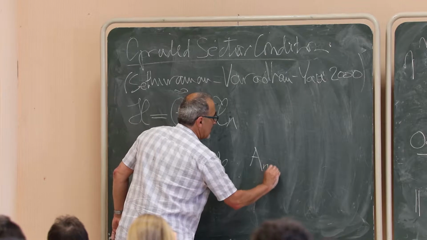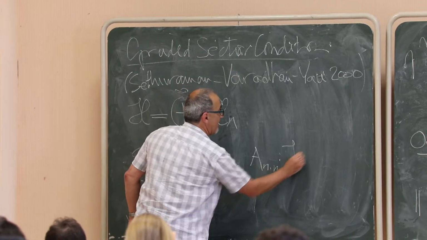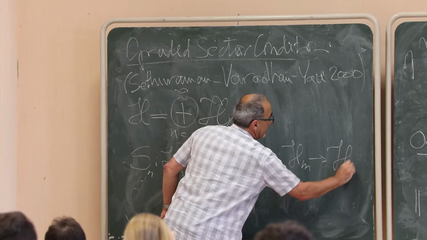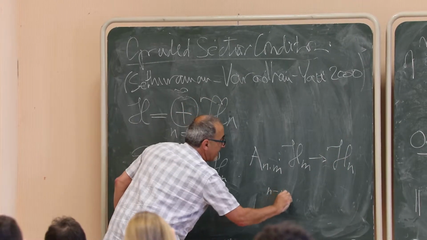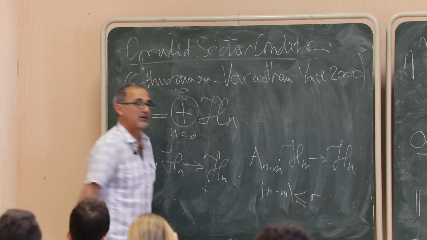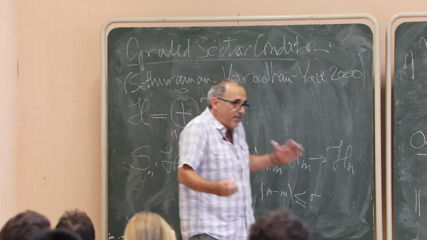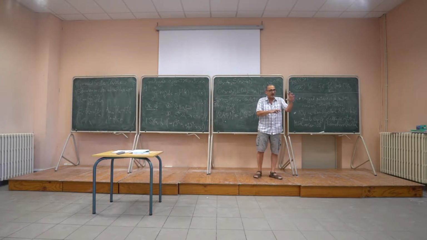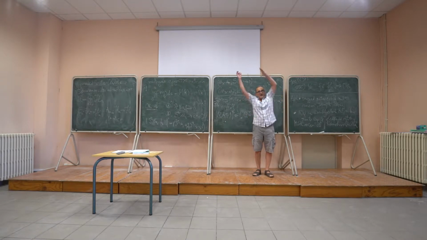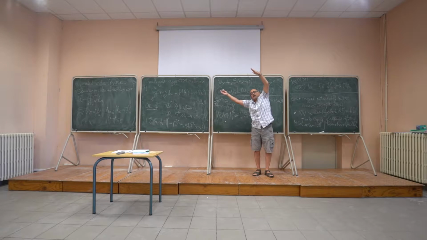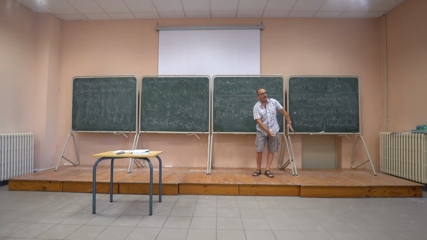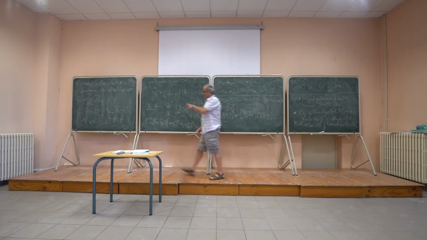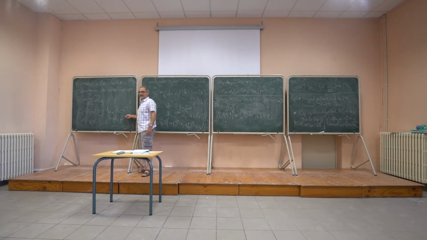And A maps Hm to Hn for n minus m less than some r. So if you write your operators in block diagonal form according to this orthogonal decomposition of the Hilbert space, then on the diagonal you have the symmetric ones, and on the off diagonal, but only up to finitely many, you have the asymmetric part acting. This is a very special thing, but in many cases, and in one of my main applications, it will be the case.